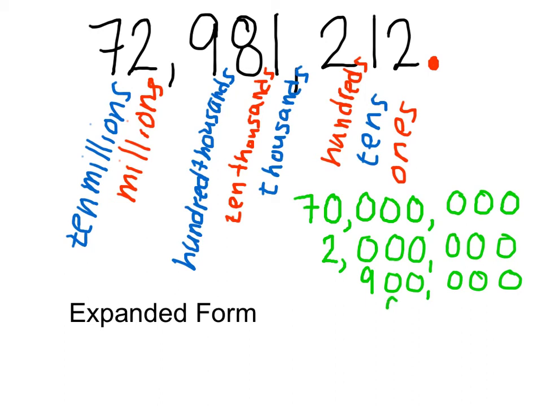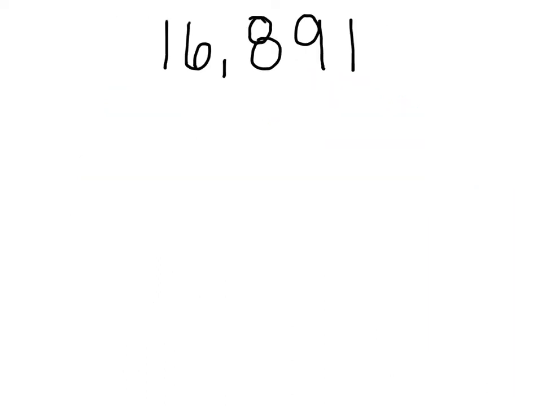Continue with this pattern, and you have 80,000 because it's 8 10,000s. And then you have 1,000. You have 200. You have 10, and then you have 2. If I added this up, again I would be able to get 72,981,212.